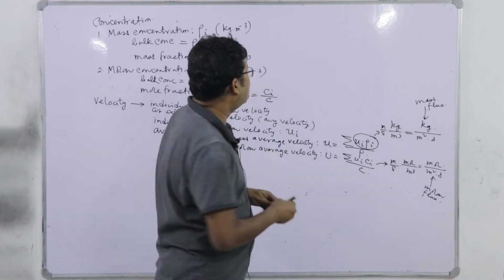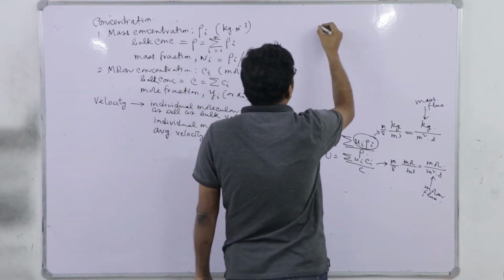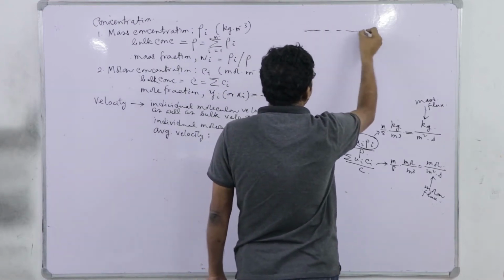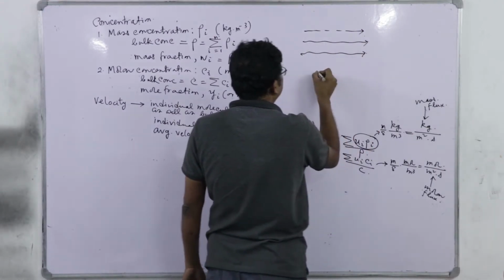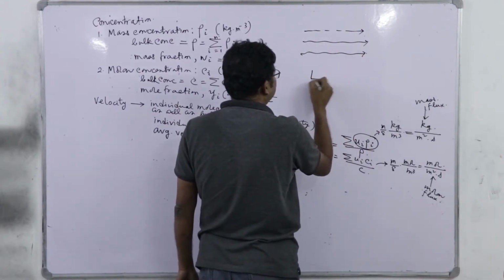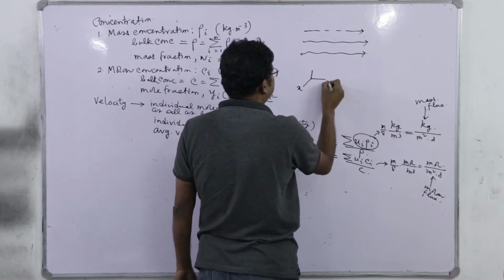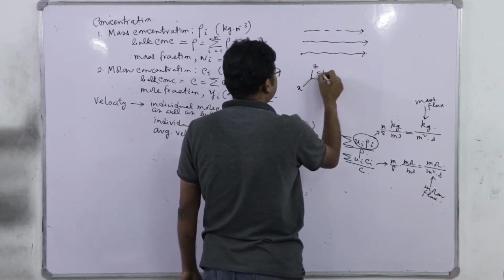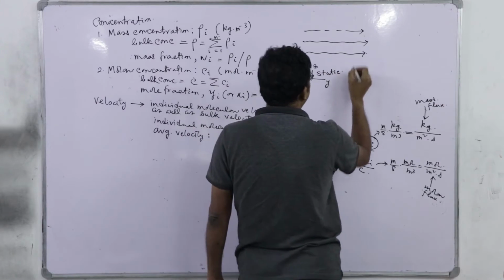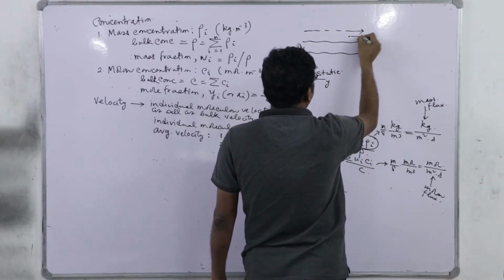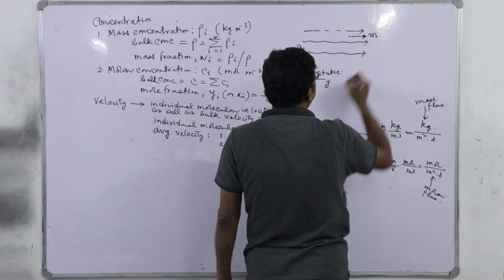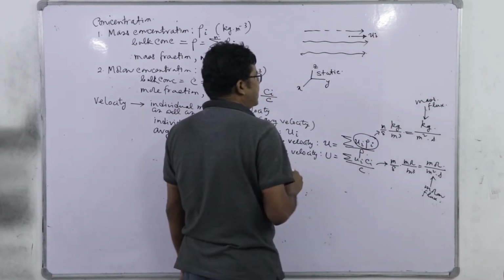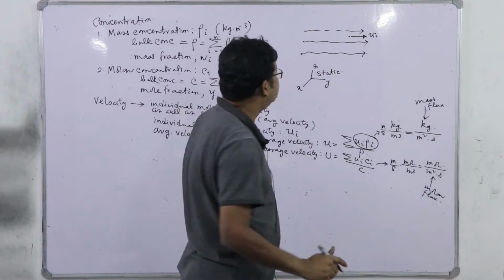Okay. So, try to understand, we have a bulk motion. Now, we see it with respect to a static reference frame. So, what will we observe? An individual molecule is moving with velocity ui, right. Individually it is moving with velocity ui.